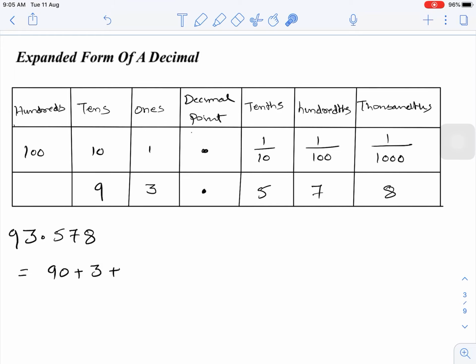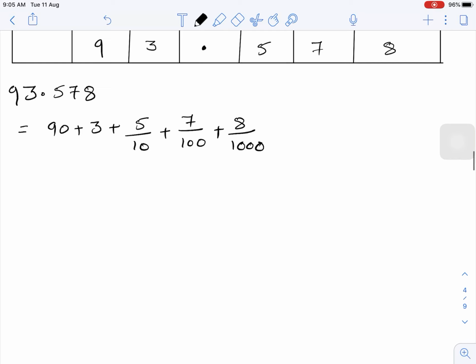Now what is the place value of this 5? It is 1/10, so it should be written as 5/10 plus. The place value of 7 is 1/100, so it can be written as 7/100 plus. The place value of this 8 is 1/1000, so 8/1000. Okay, let us consider one more example.